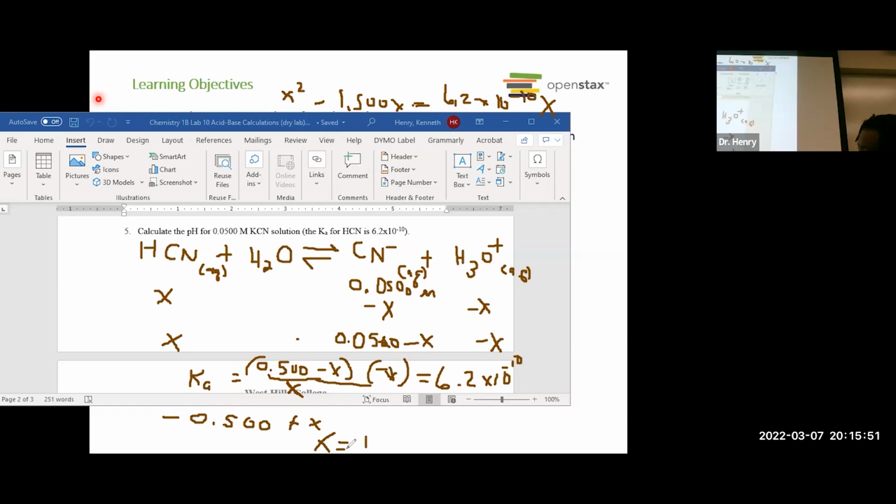Okay. Equals 6.2 times 10 to the minus. That does not seem right for some reason. X minus x. Cancel that out. Then we'll get this.